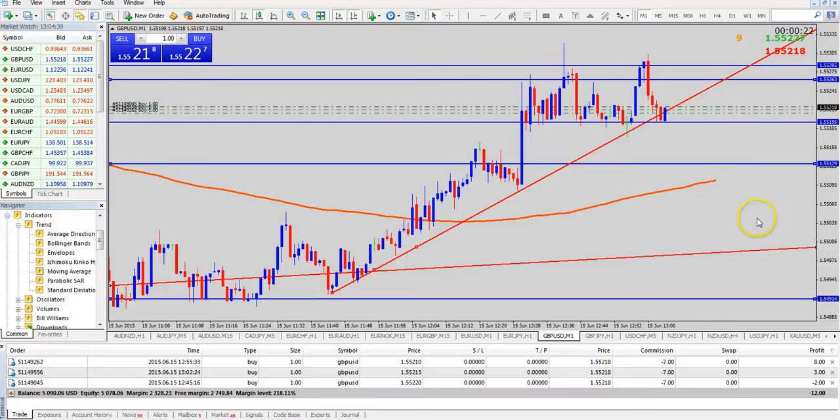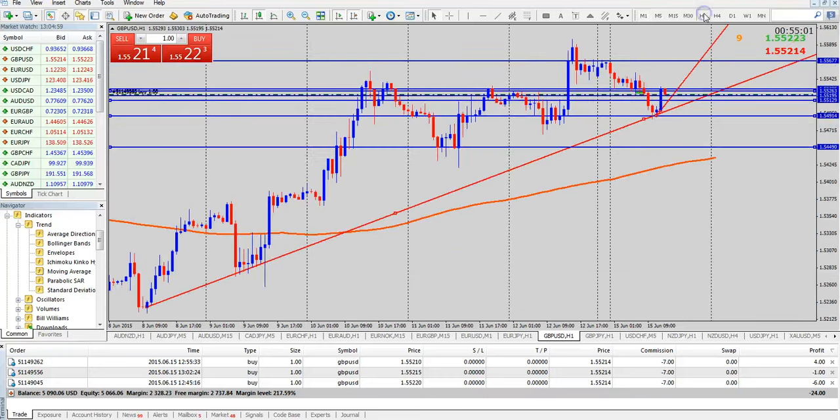So remember, support and resistance are truly all that you need. You can throw in the EMA 200 just to help you out in your trading. Make sure you're trading with the trend, but drawing a trend line, as you see, is also very useful. You see this 200 EMA confirms again that we're trading with the trend. We're doing up trades. So again, we're trading with the trend.